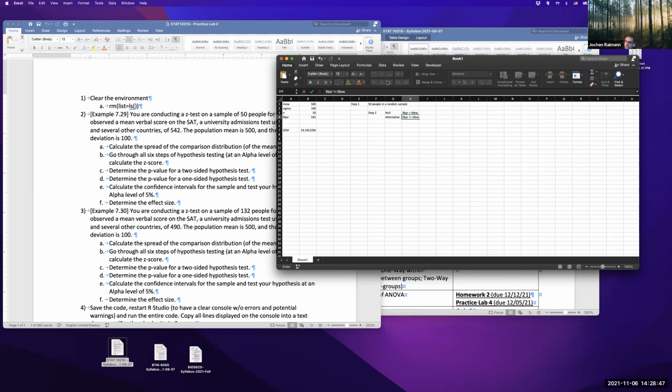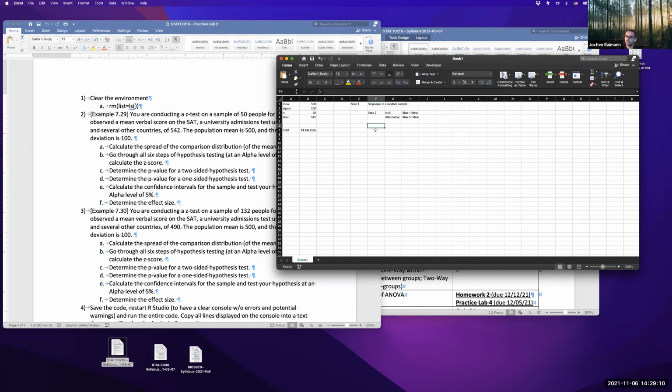I'm indicating this here with an exclamation mark because that's a computer coding way of showing it. It indicates that it's different. So it's not smaller and it's not larger. Either or. So this is step 2 in our two-sided test.